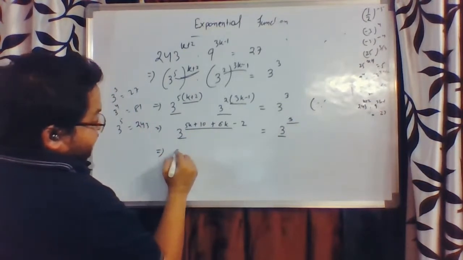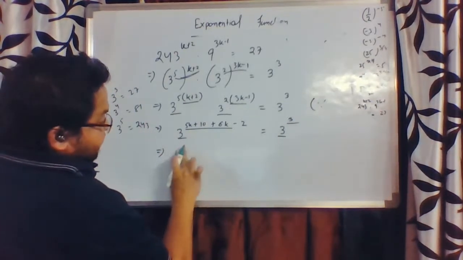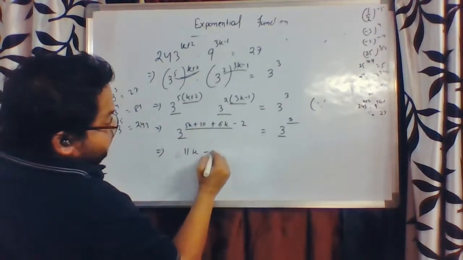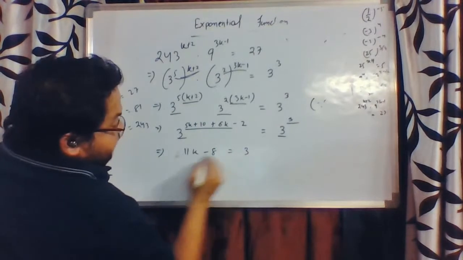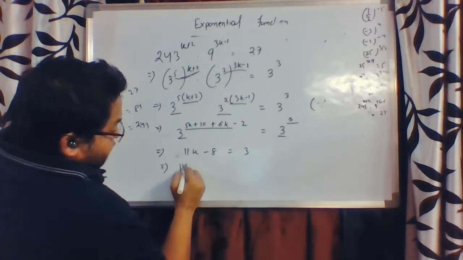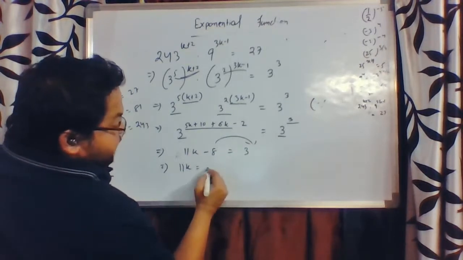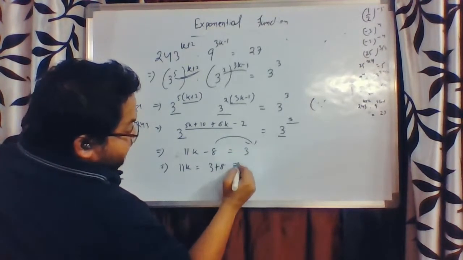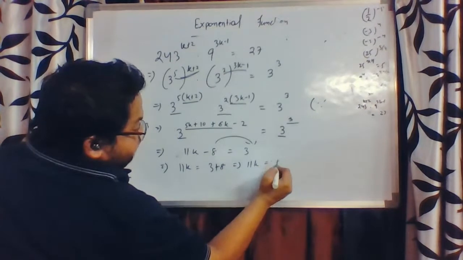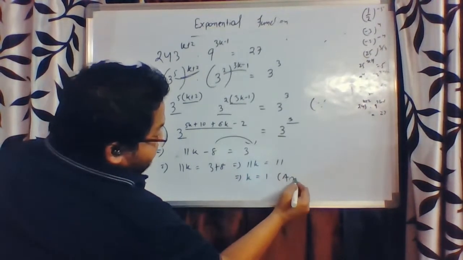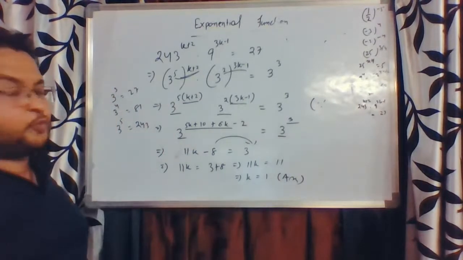Or I can write 5k plus 6k is nothing but 11k, 10 minus 2 is nothing but 8, equals 3. Or 11k equals, when this 8 comes to this side, 3 plus 8, or 11k equals 11, or k equals 1, and that's your answer, right?